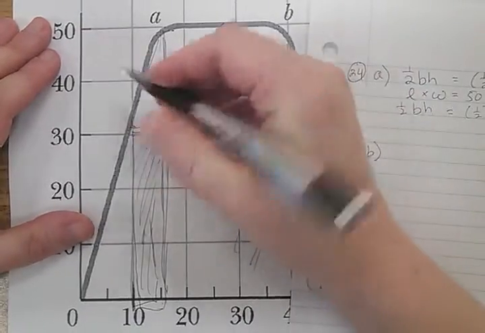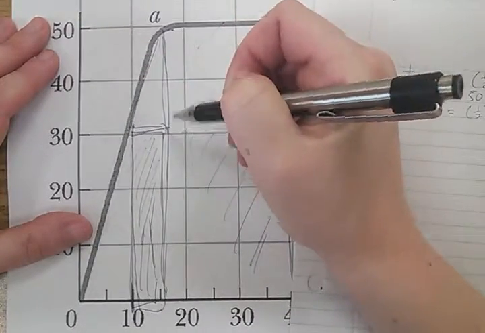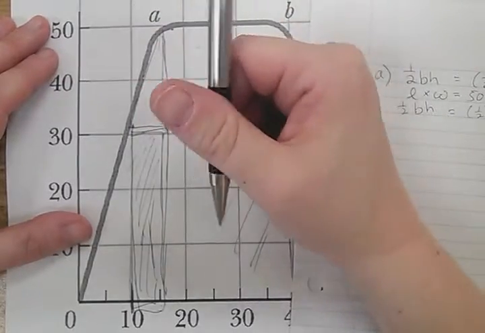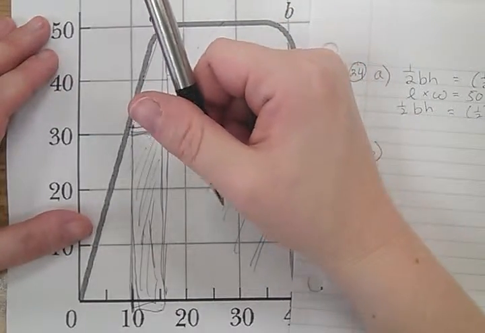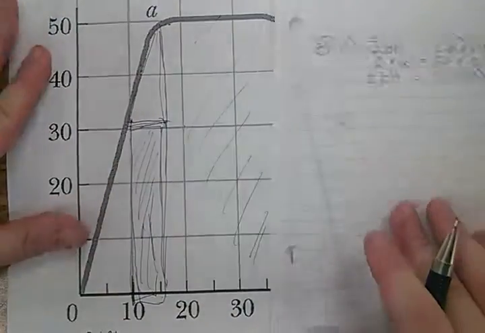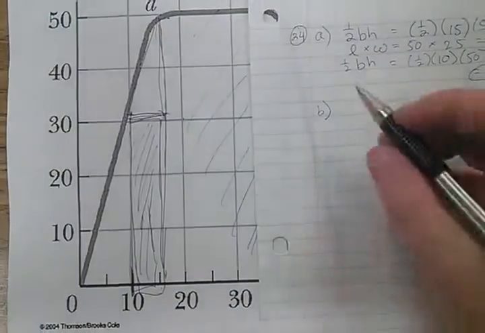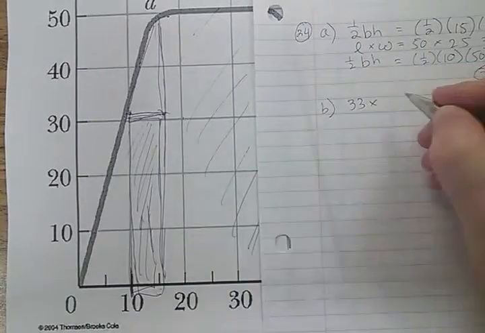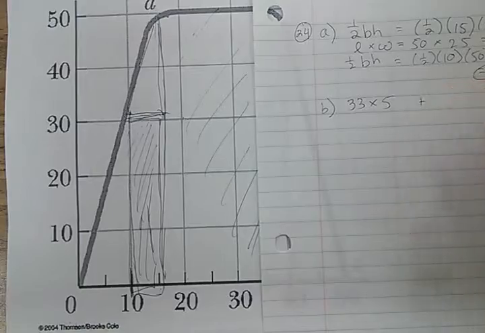So if you look closely, you can actually see that it intersects more at 33. So the height of our first rectangle is going to be 33. And then the width is 5.